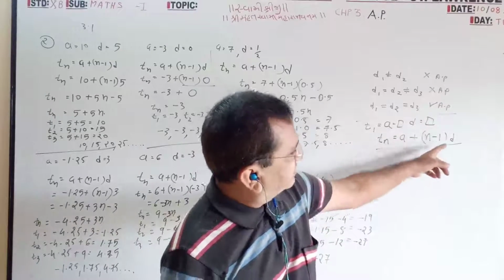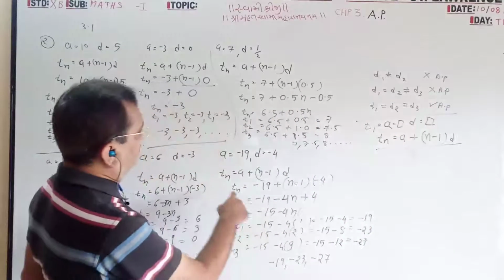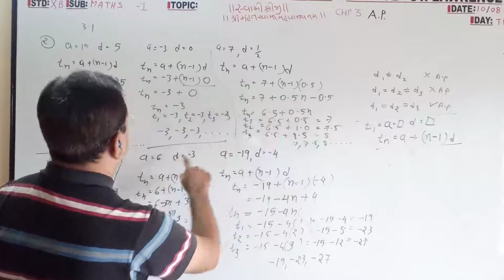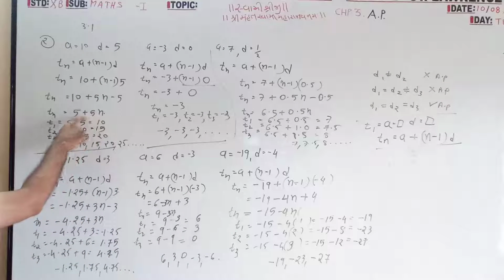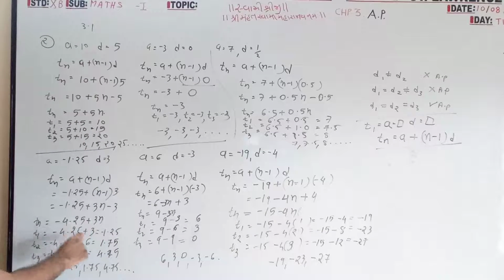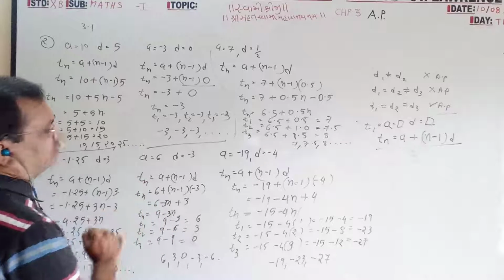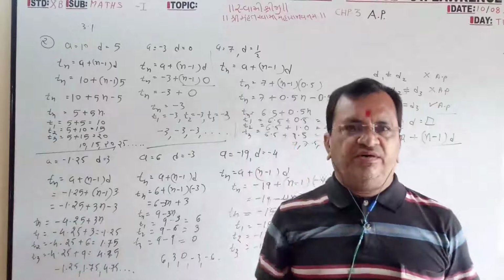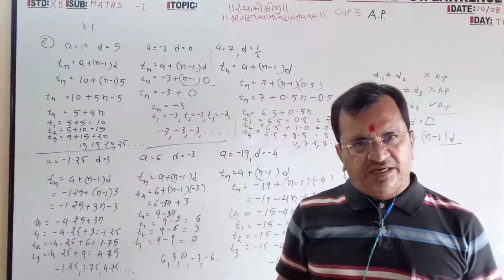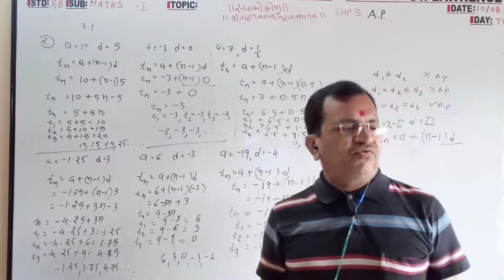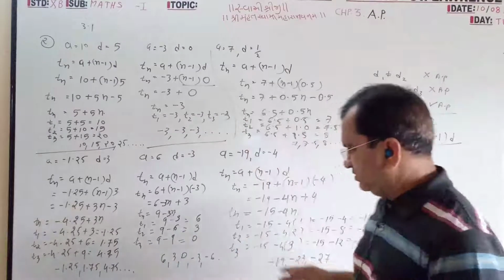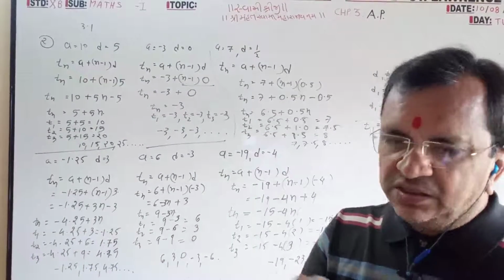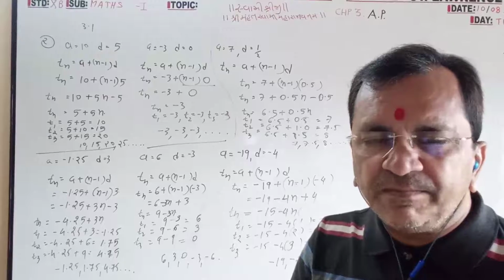Now substitute A, substitute D and find out in the form of n. Then for n write 1, first term; n substitute 2, second term; n 3, third term. So from that you can write the sequence. Okay, take the screenshot. This is point number 3.1. One more part remains.